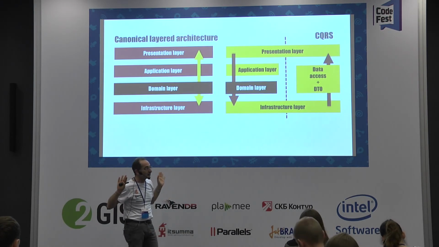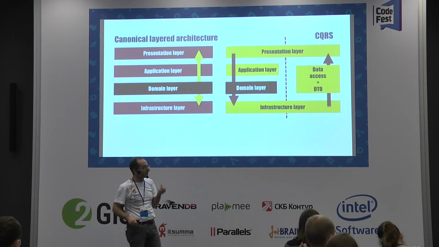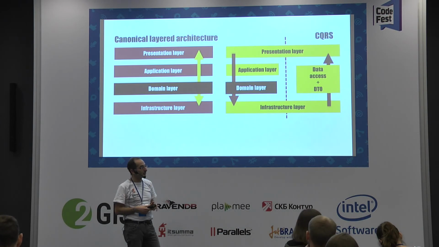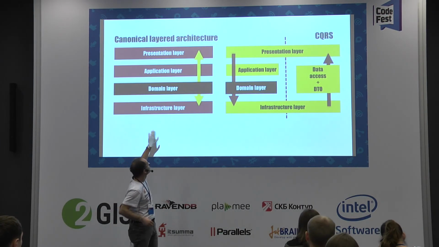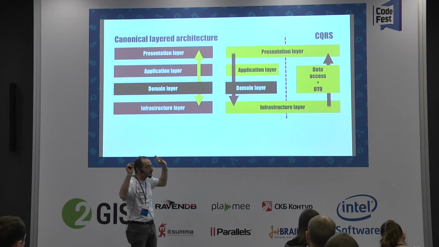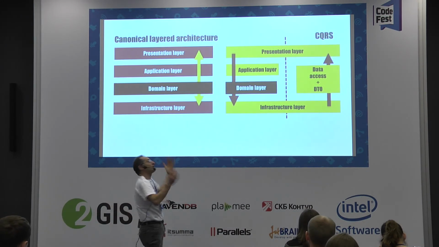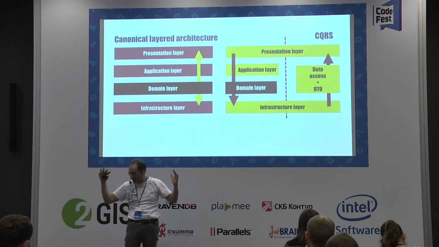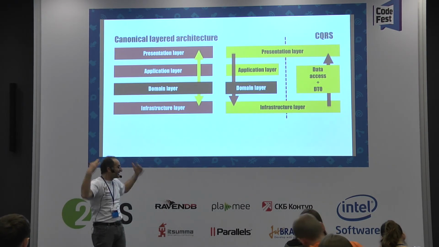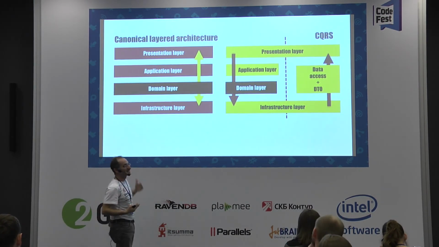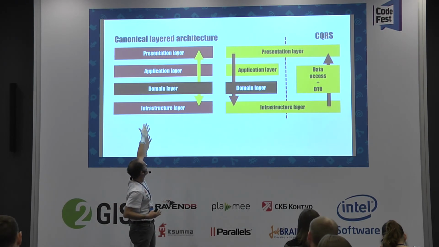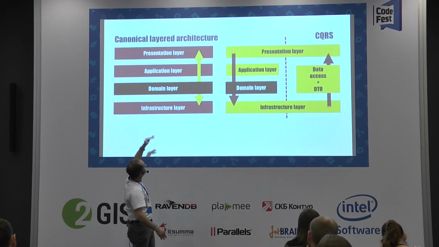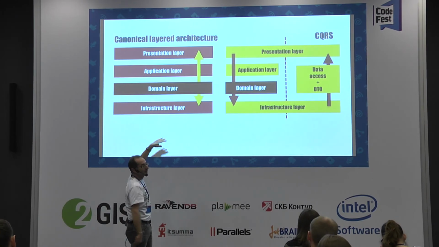I mean that in the canonical layer architecture, the domain layer is a controller. No, the domain layer is not a controller. It can be whatever you want, but I would call the controller probably the application layer that decides.